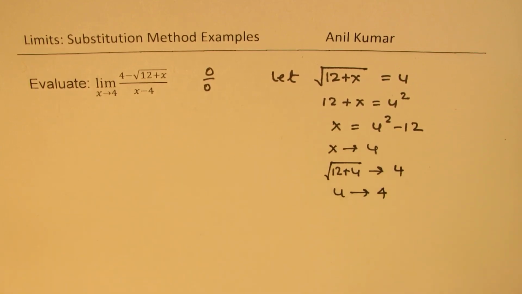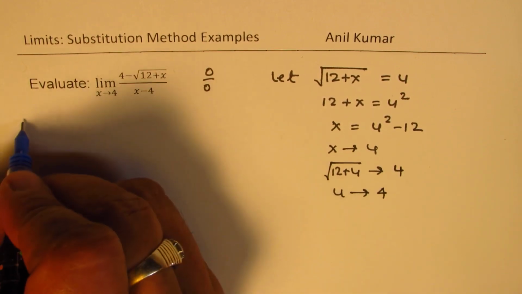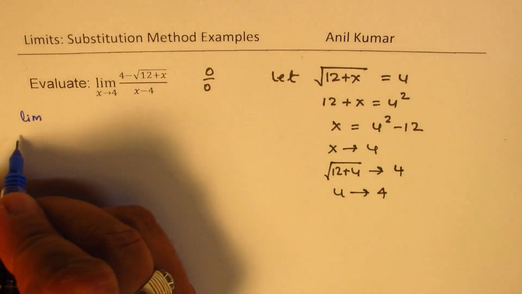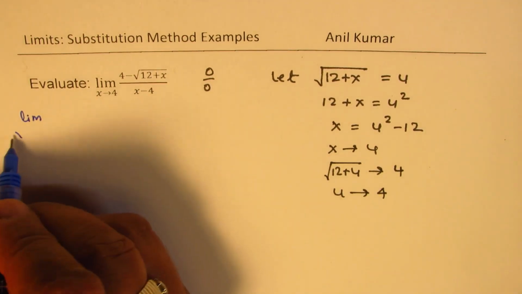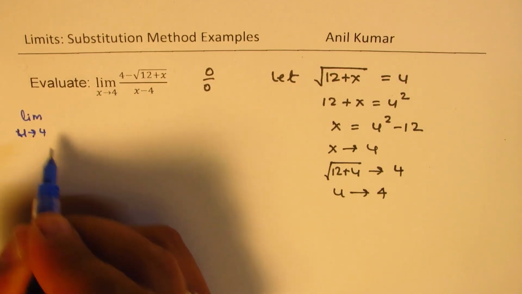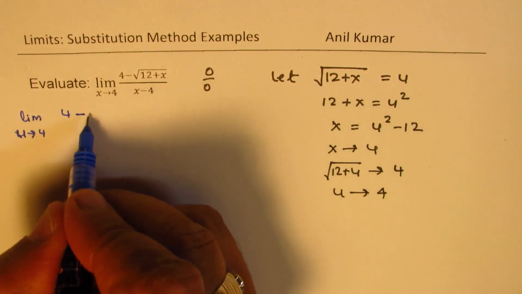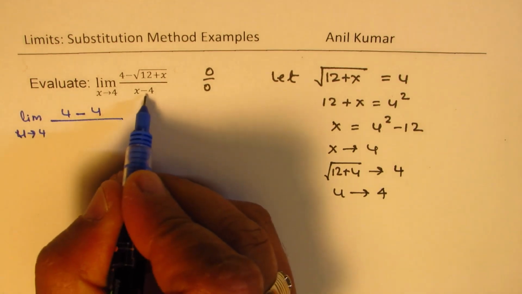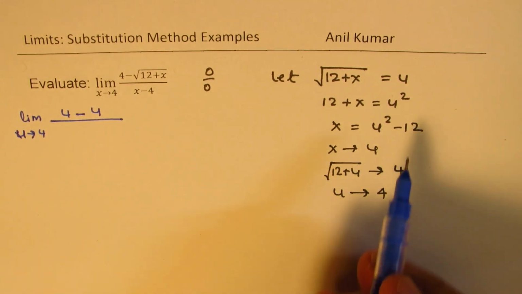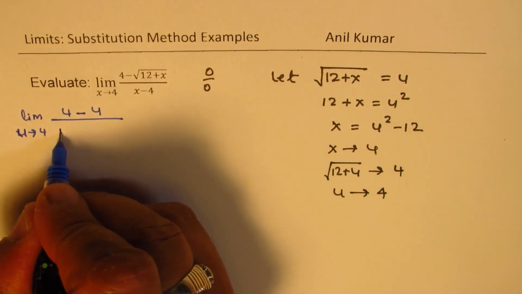So we could rewrite now the question as limit, instead of x approaches 4, we'll write u approaches 4, and we have 4 minus u over, instead of x, we are writing u squared minus 12.